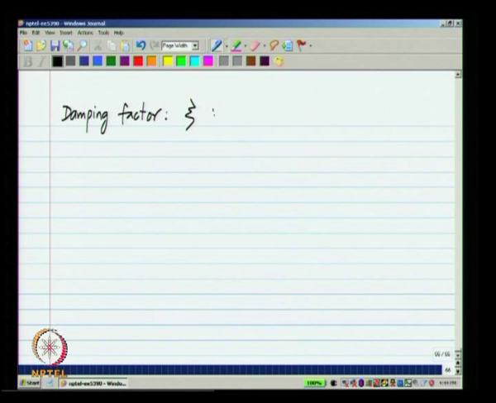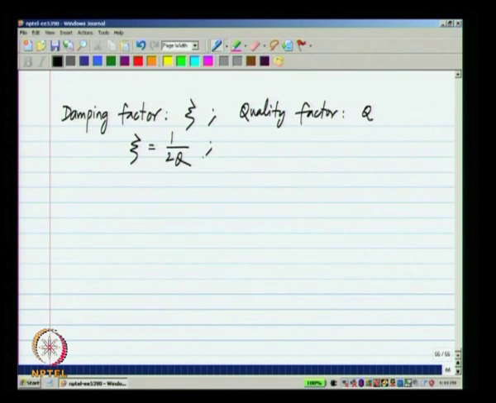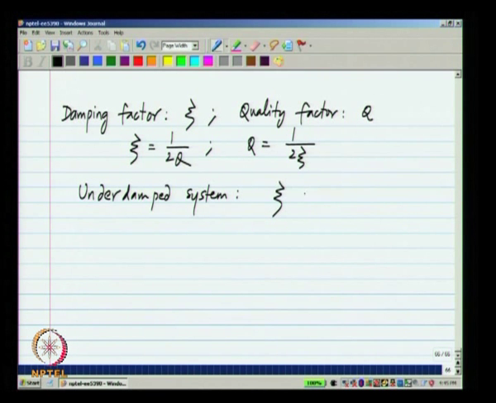The damping factor is usually denoted by zeta and the quality factor is denoted by Q. The two are related by that relationship, and an under damped system will have zeta less than 1 or quality factor greater than half.